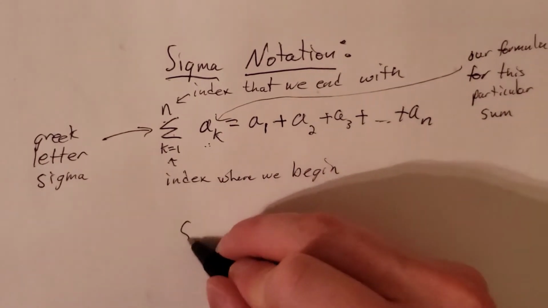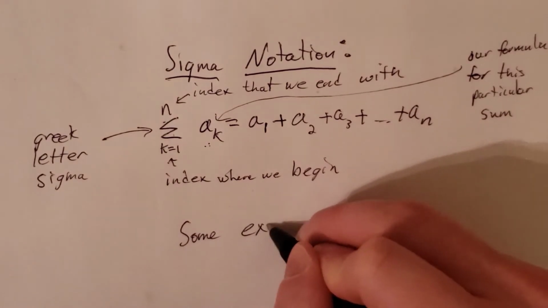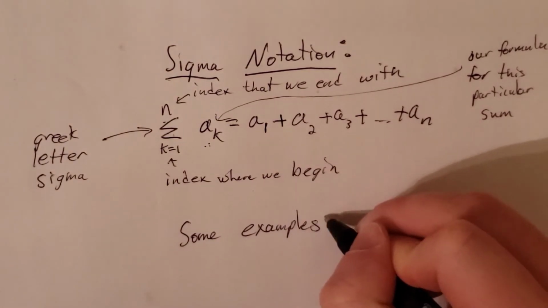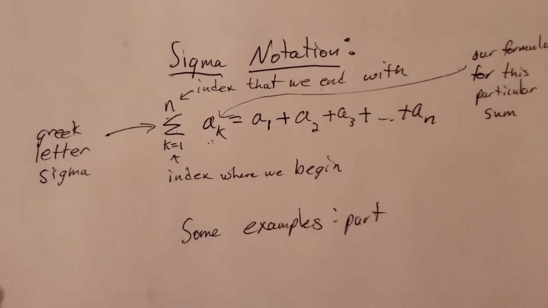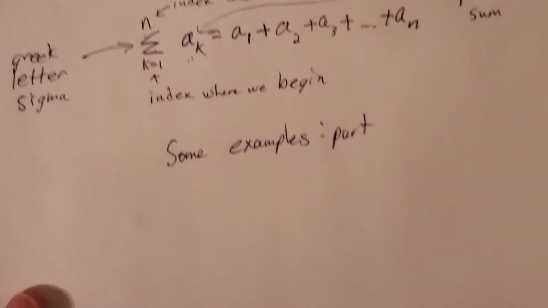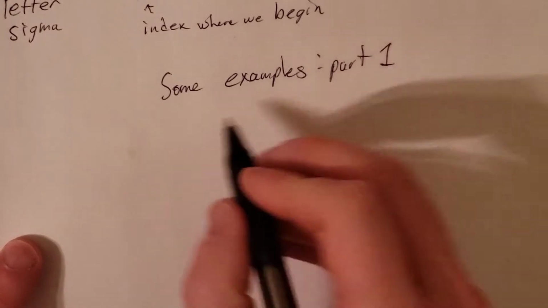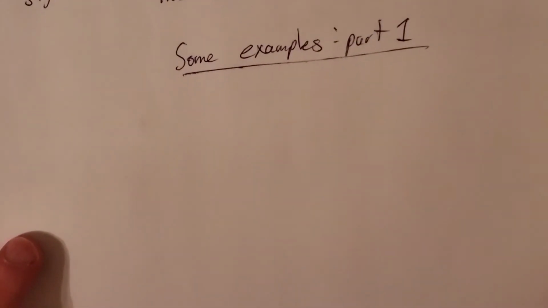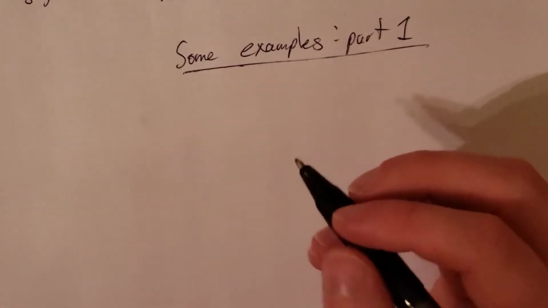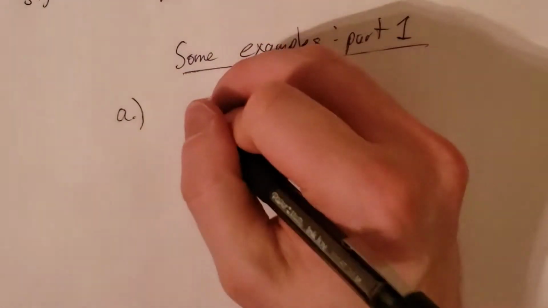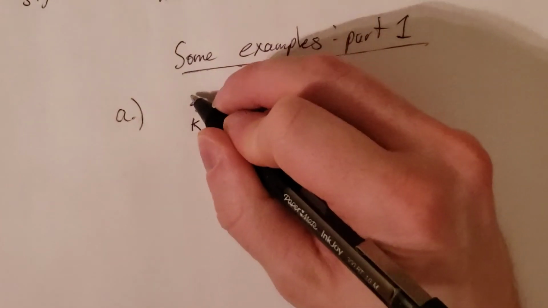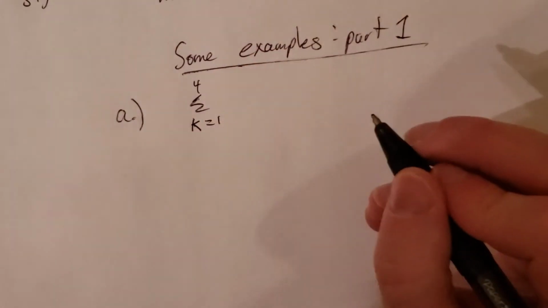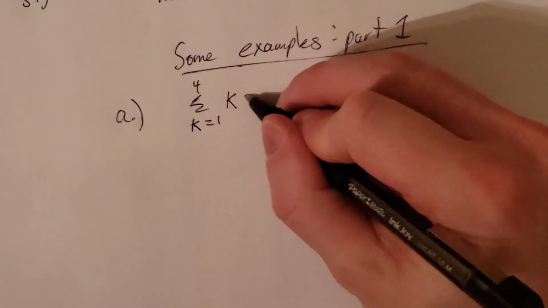So let's do some examples so that we can wrap our heads around what's going on here. Examples, part 1. For part A, what if we had the sum from k equals 1 to 4 of k?